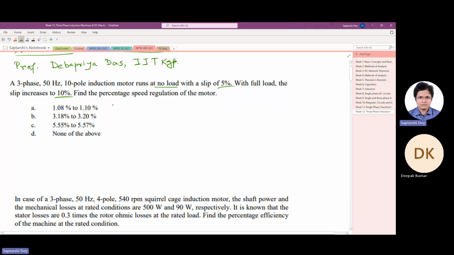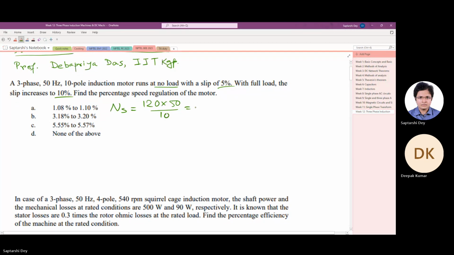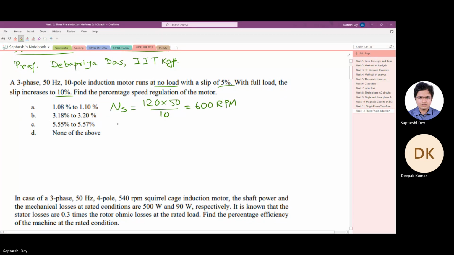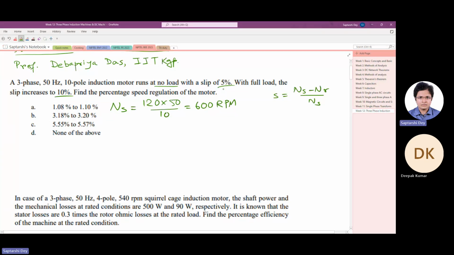So what is the synchronous speed? 600 rpm, and they have given the slip. Slip is ns minus nr by ns.